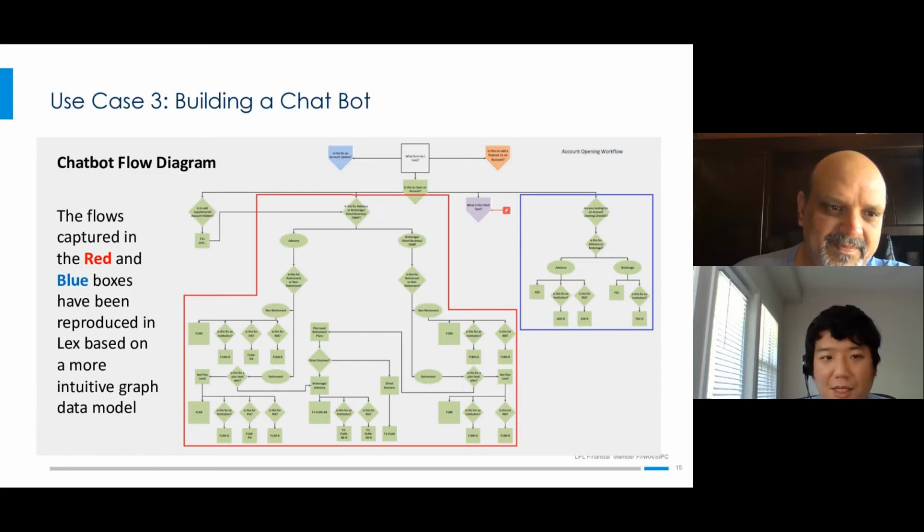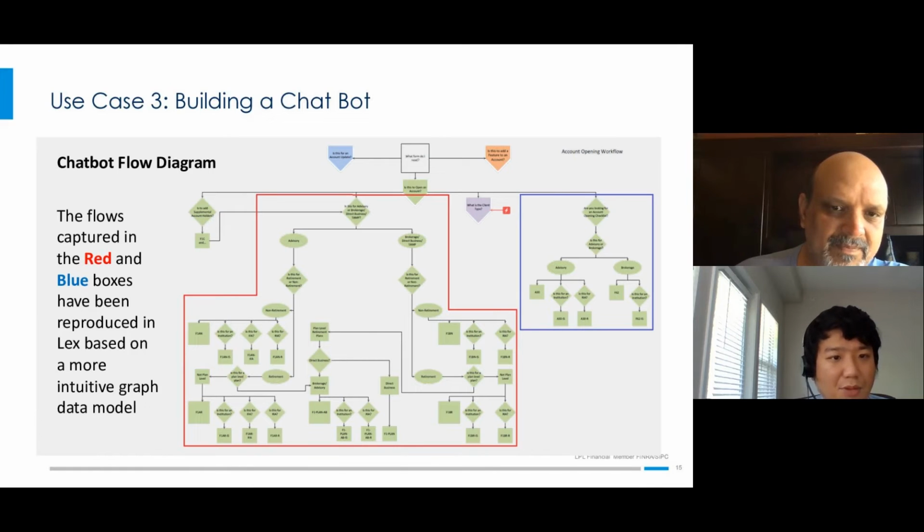Yep. So moving on to the next important use case, which Mike teed up before, the chatbot. Right here, you're seeing the flow that is being captured, which directs a conversation between an advisor and the LPL chatbot.